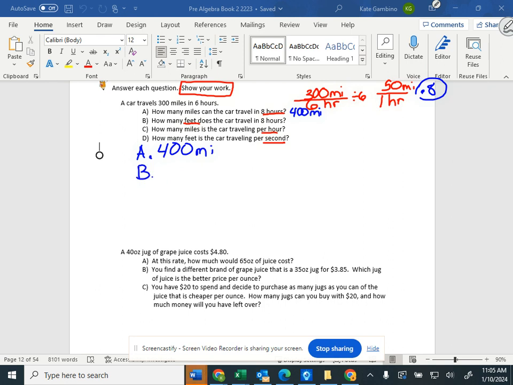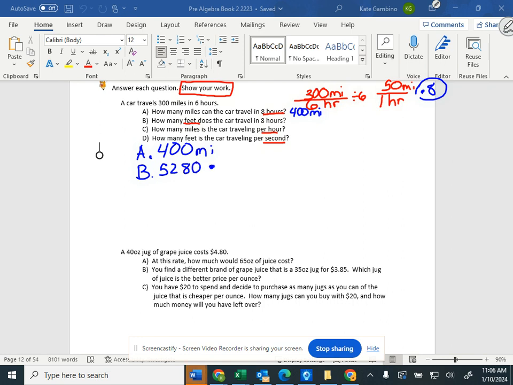How many feet does the car travel in 8 hours? Well, we know how many miles it travels in 8 hours. How can I find how many feet it travels? Henry, what do you think we have to do? We can multiply 400 by 5,280. Why 5,280, Henry? Because there are 5,280 feet per mile. If we look back at our conversion table, we can see that there are 5,280 feet in 1 mile.